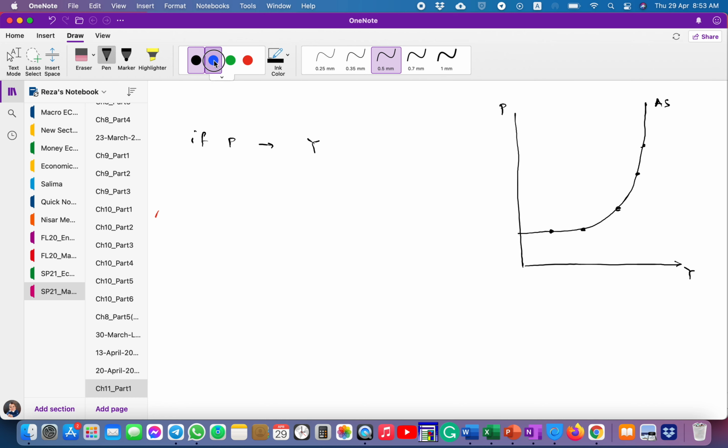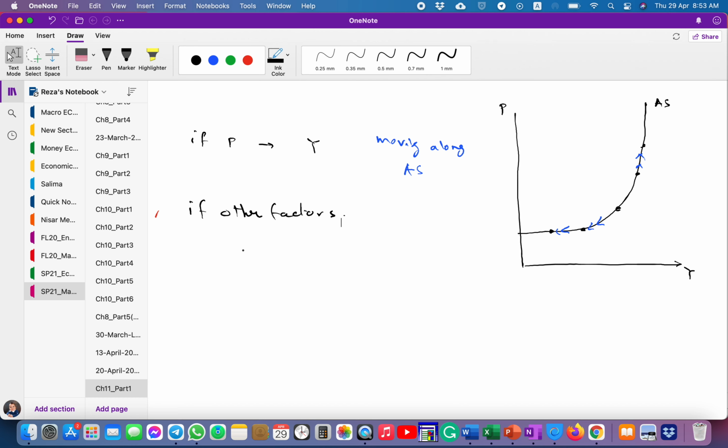So we can move upward or sometimes downward. So that is moving along the aggregate supply.